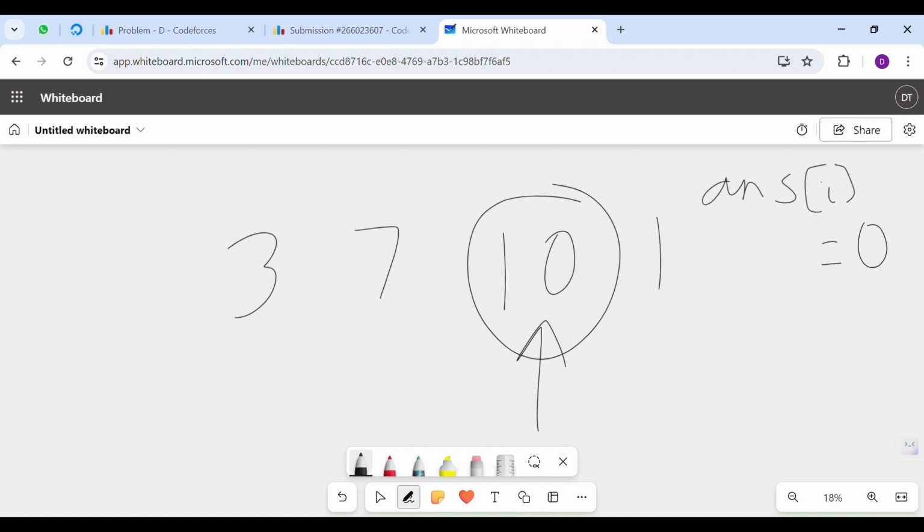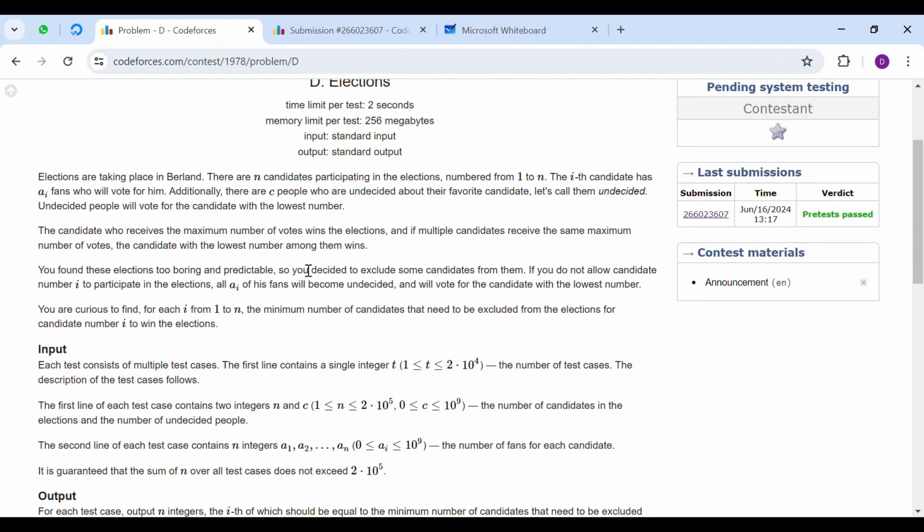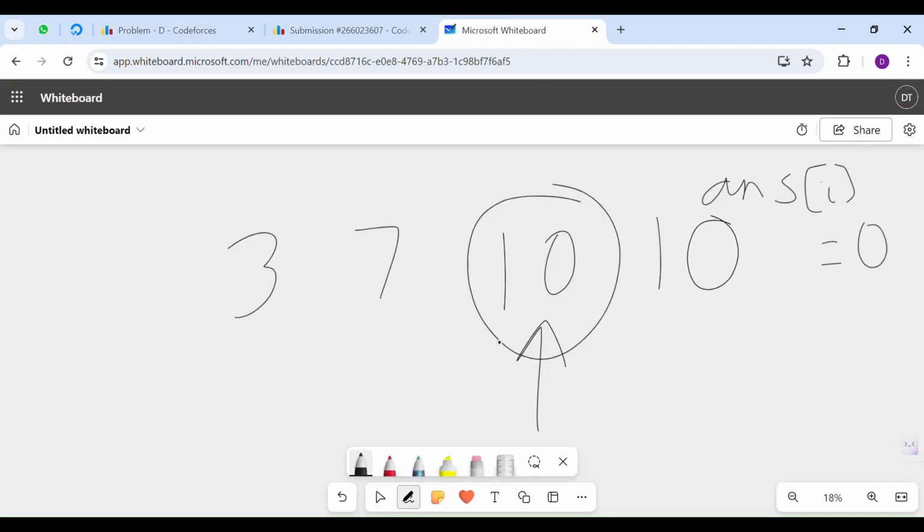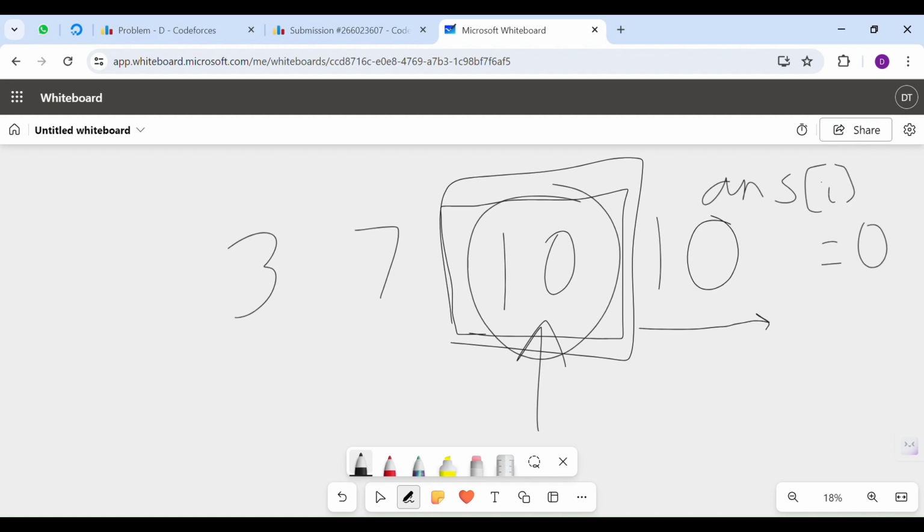Okay, now if I have any candidate to the right of it with the same number of votes, the answer is still 0, because it is said that if multiple candidates receive the same maximum votes, the candidate with the lowest number among them wins. Hence, if to the right of it there are some candidates which have the same maximum number of votes, this will still win.